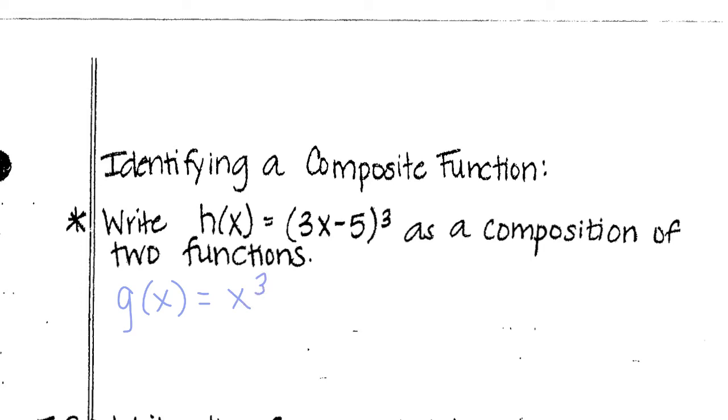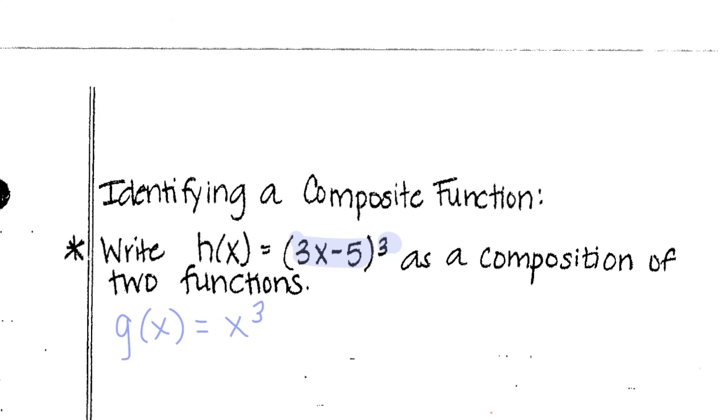So notice that, I'll highlight, this part cubed, and if I call f of x 3x minus 5, you would have to come up with this on your own. But notice in here, I'm taking this 3x minus 5 and I'm putting it in for this x.